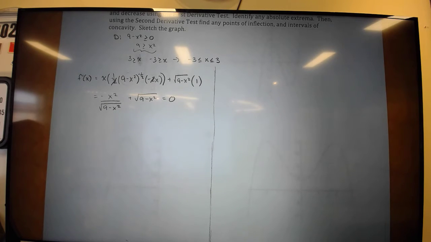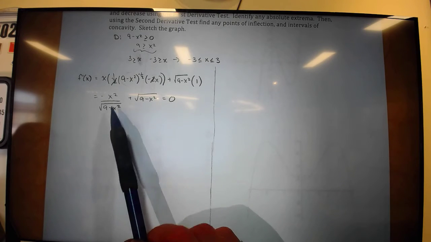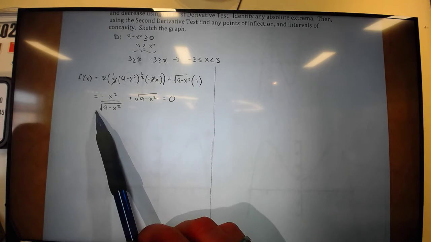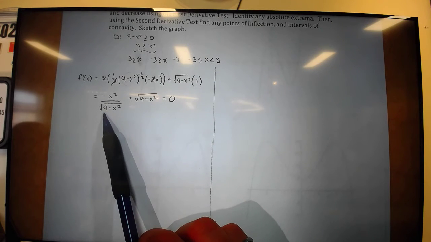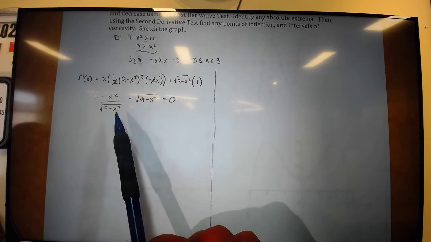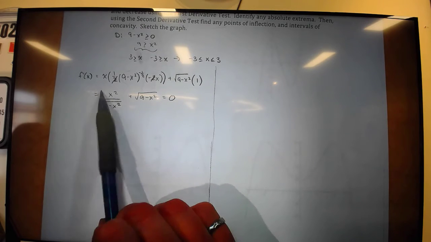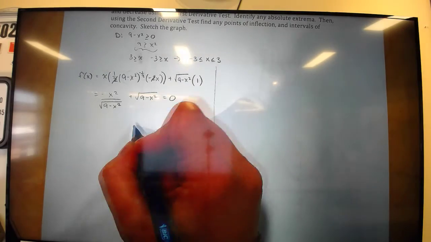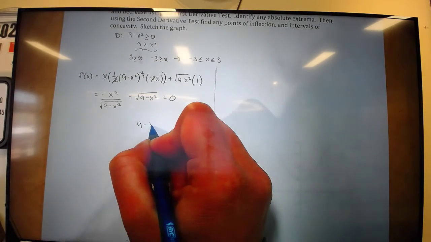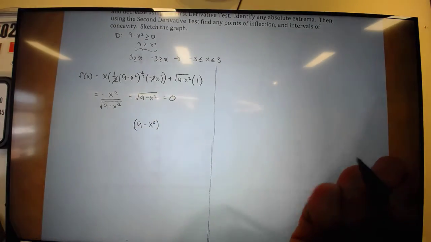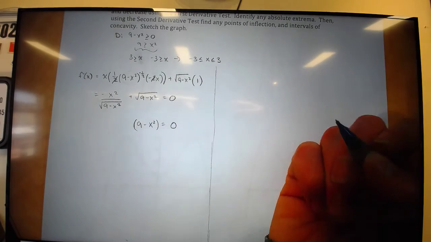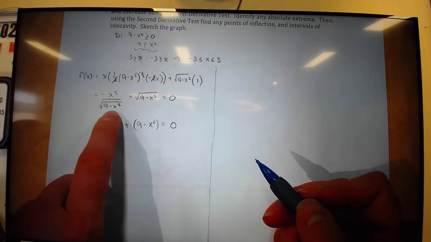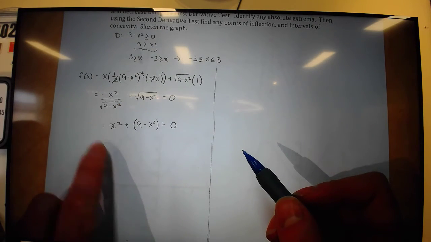If we multiply everything by the root of 9 minus x squared, then this times itself would just become what's inside, so 9 minus x squared without the square root. 0 times that stays a 0, and then if we multiply the top by this, then the top and bottom cancel out.